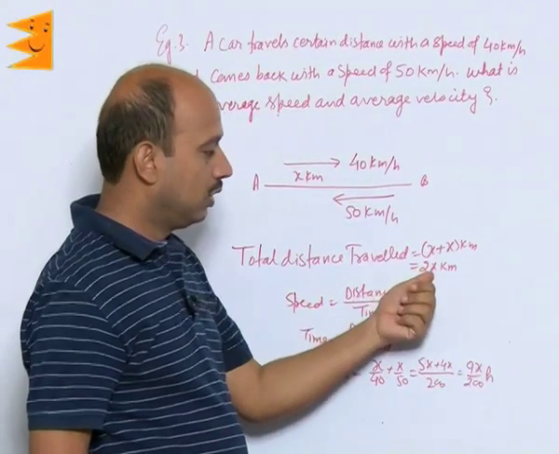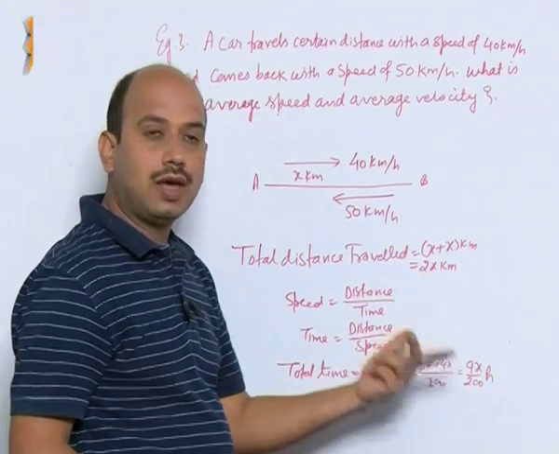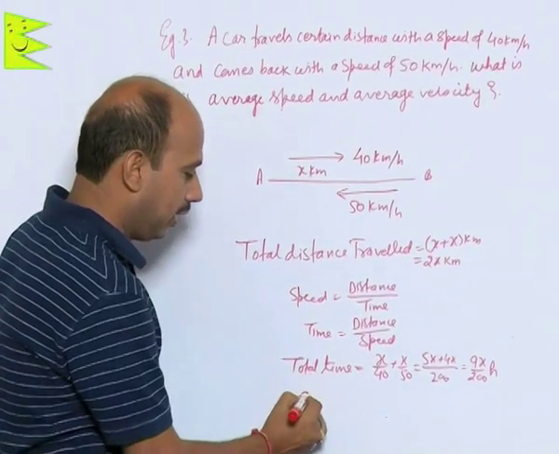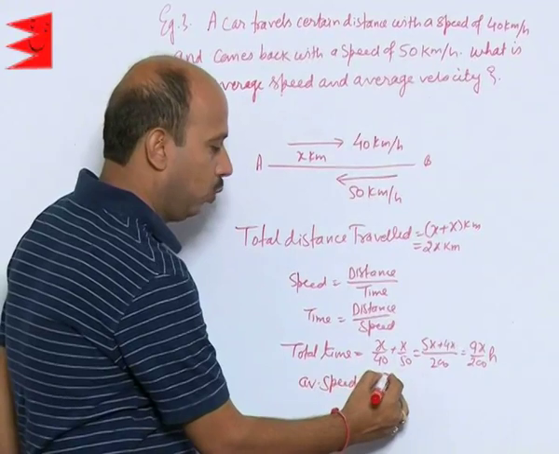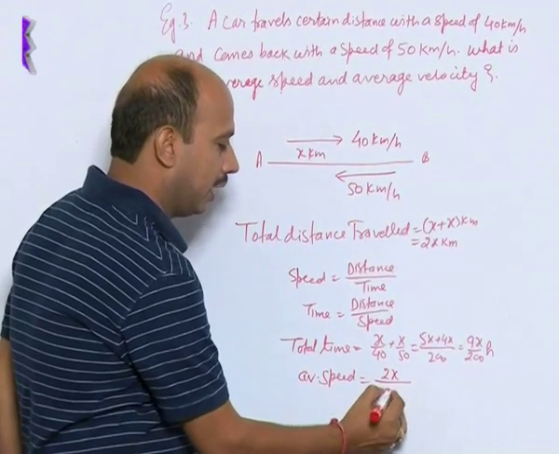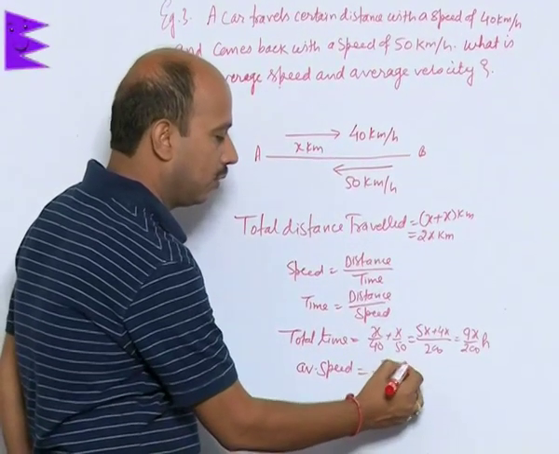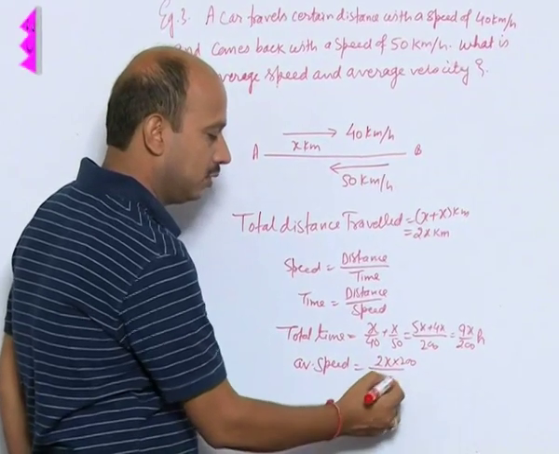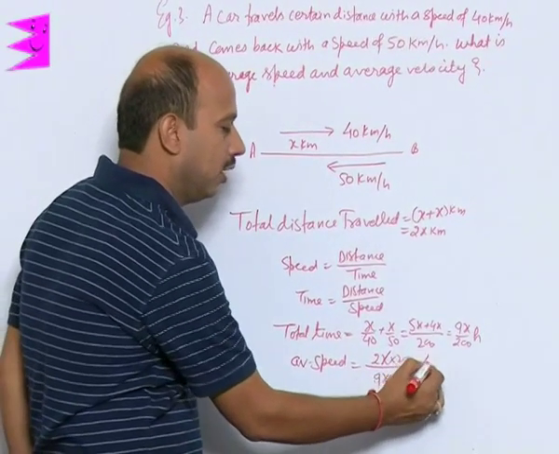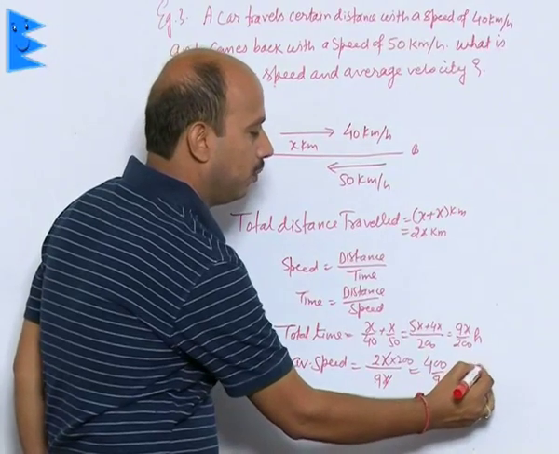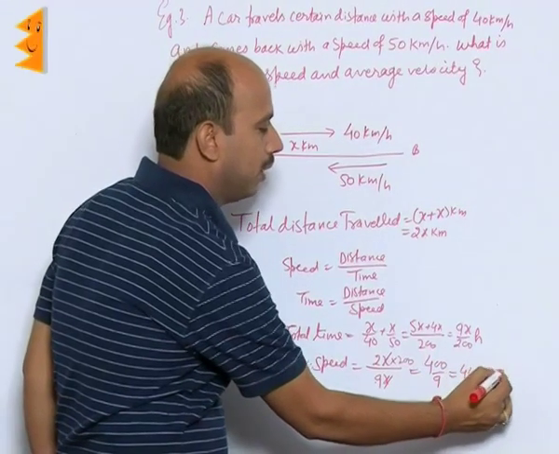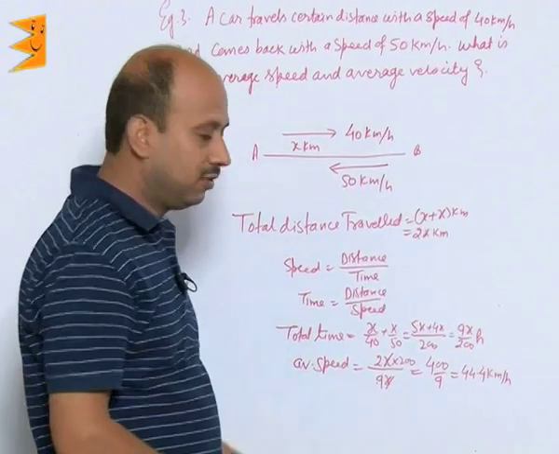Average speed is total distance divided by total time. So, average speed is equal to 2x divided by 9x by 200, 200 will come up here as a numerator, this x will get cancelled, it is 400 by 9, which is equal to 44.4 kilometer per hour. So, this is average speed.